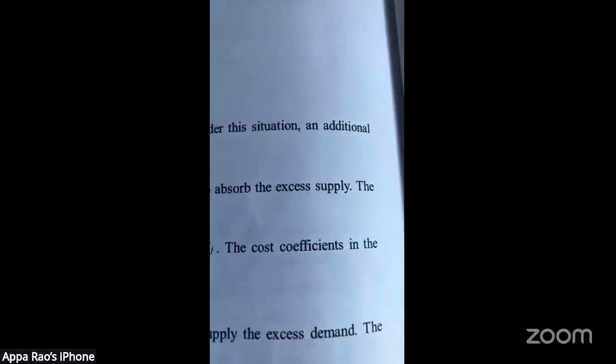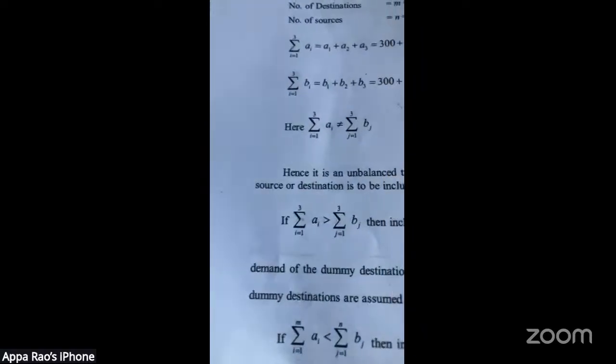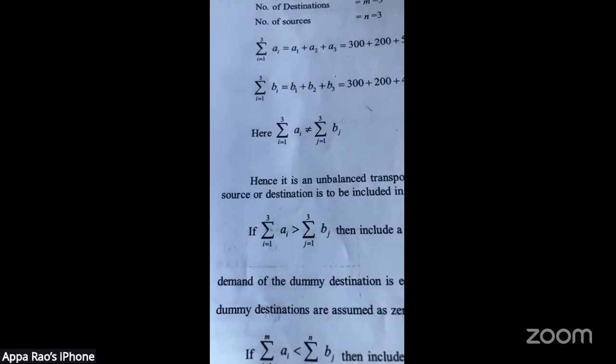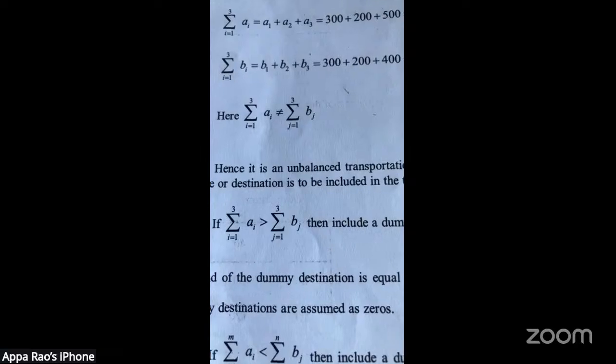Number of destinations 3, number of sources 3. So here it is an unbalanced transportation problem. Under the situation, an additional source or destination is to be included in the table.